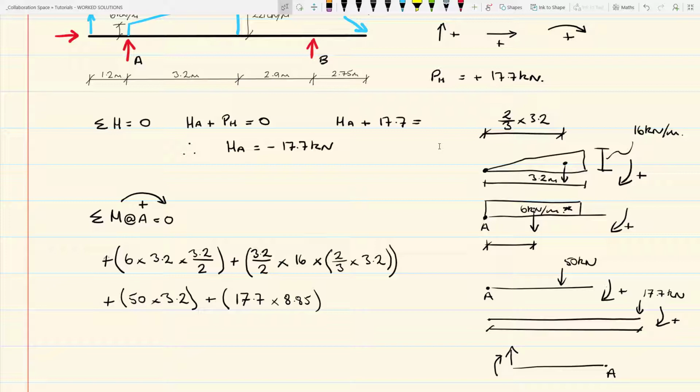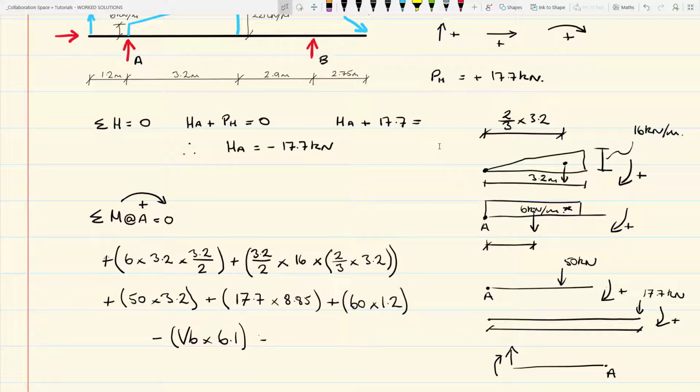It is trying to rotate the beam in a clockwise direction about A. So again, we can write plus, and that's 60 kilonewtons is the magnitude of the load times the lever arm, 1.2. And the last bit of this, we have the vertical reaction at B, again taking moments about A, that acts in a negative direction, so it's minus VB times 6.1.